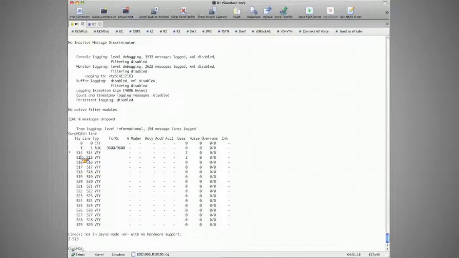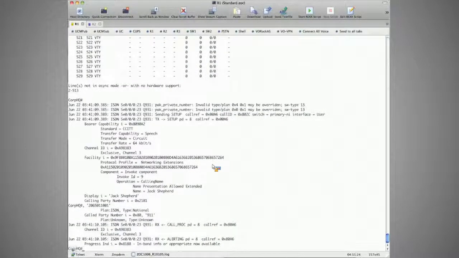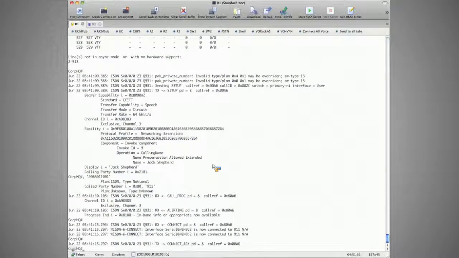We'll pick up the headquarter phone, and we'll just dial 911. Scrolling behind us, go ahead and answer this call. And we see that we have a call active, right? So the gateway set up properly.